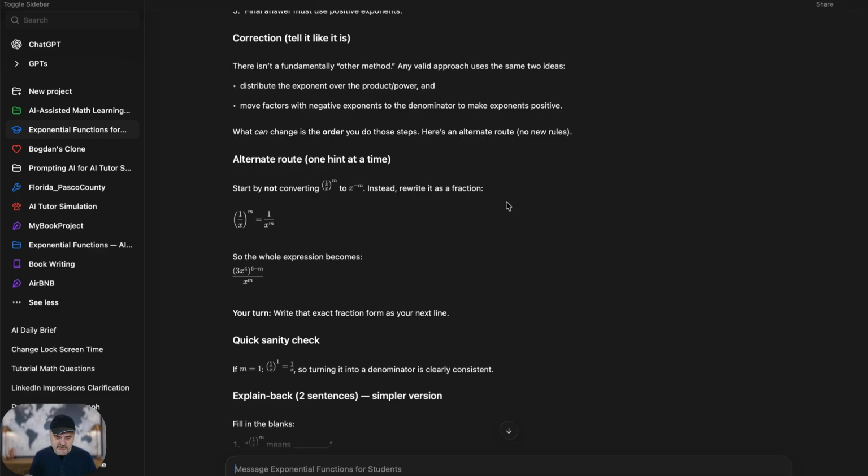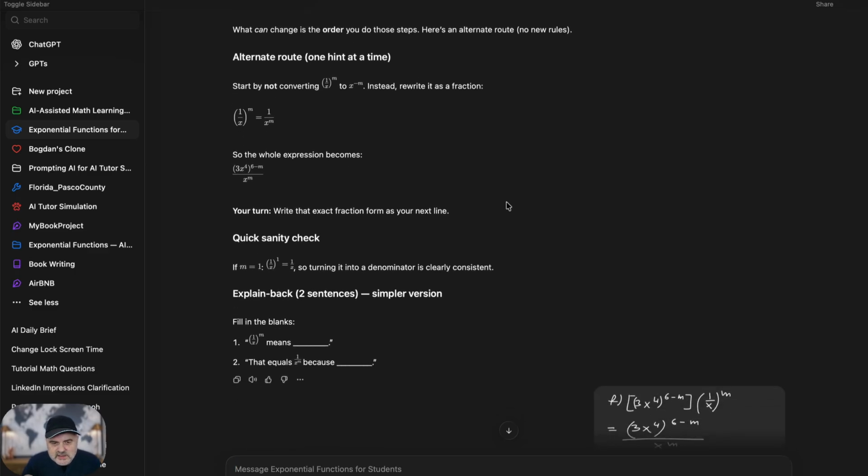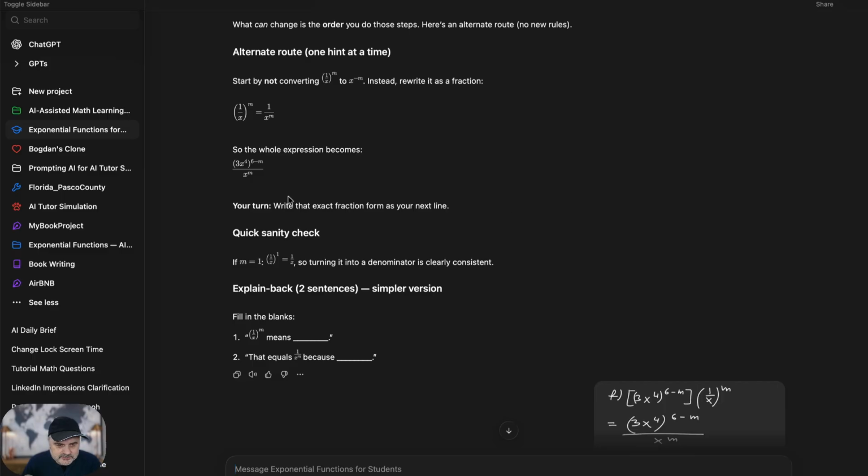Fundamentally, the method is just one when it comes to the rules of exponents. So it just rephrases my work: if I were to write it in the form of a fraction, 3 to that exponent divided by x to the power of n.